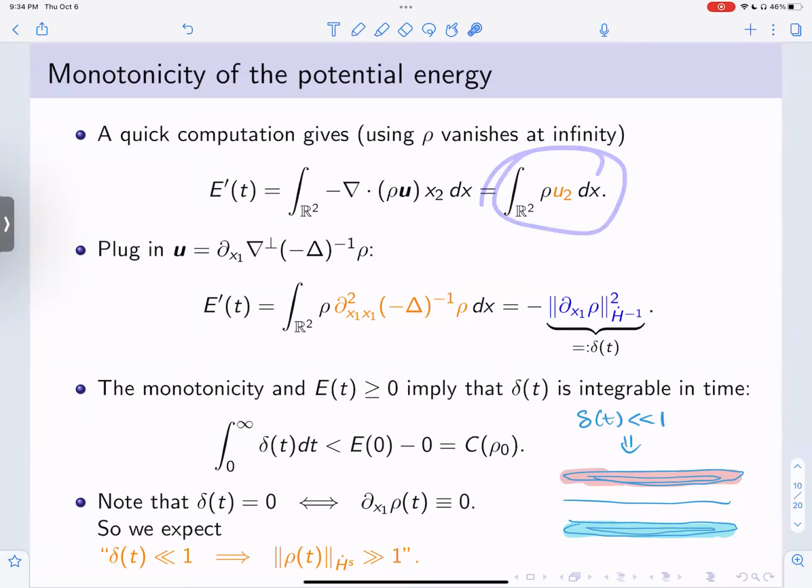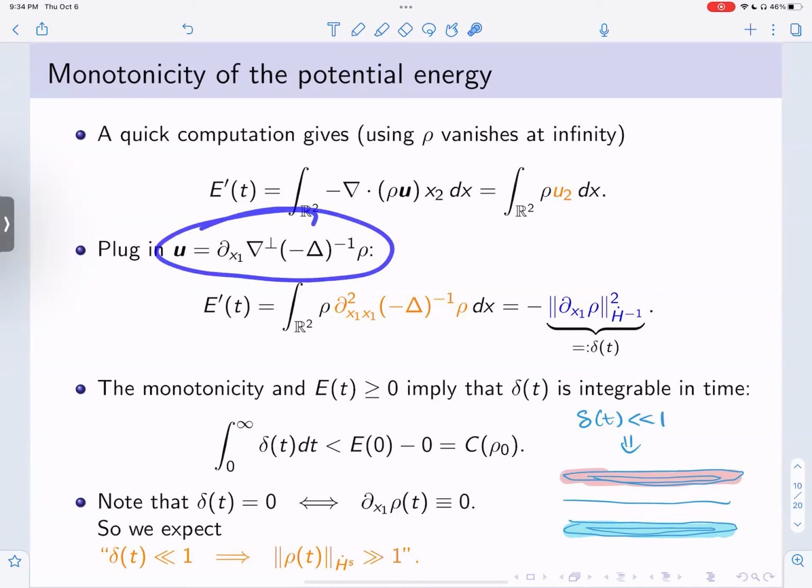So if we take the derivative of the potential energy, then a quick application of the divergence theorem gives us that this is simply rho times the vertical velocity u2. And what was u2 again? Well, this is our Boussinesq law, and so using that, u2 is partial x1 of this bunch of things. So we just happily plug it in, and then we can do the integration by parts to move one x1 derivative to rho, and we also distribute half of the inverse Laplacian to rho.